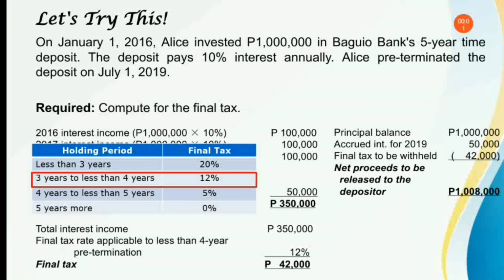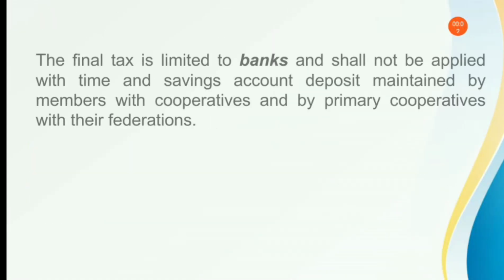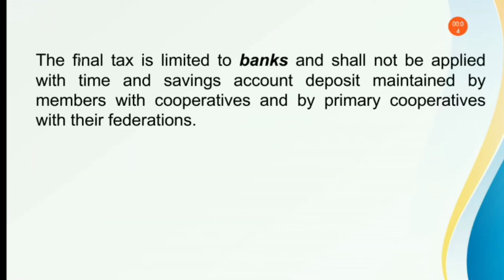And if you're asking kung bakit 50,000 pesos lang yung interest income ni Alice, that is because yung interest income niya in the prior years, that is already assumed or presumed na natatanggap na niya. Then, take note that the final tax is only limited to banks and therefore it cannot be applied to the time and savings account deposits maintained by the members of the cooperatives and by the primary cooperatives with their federations.